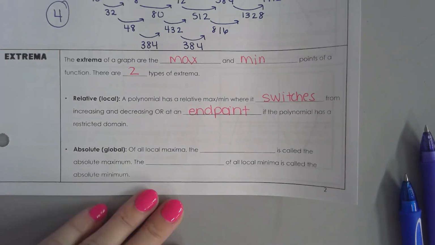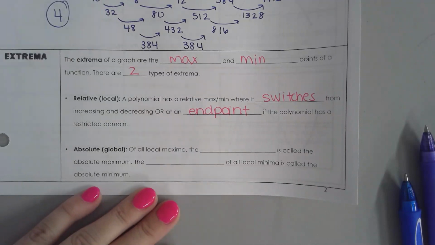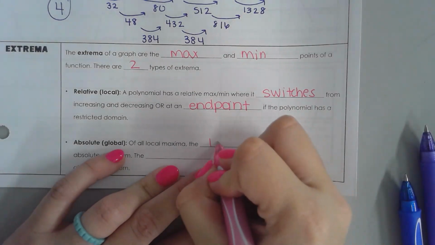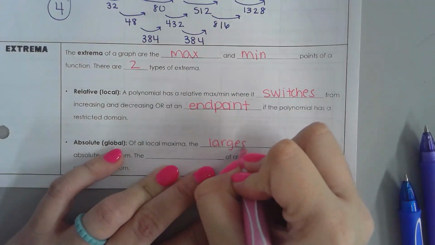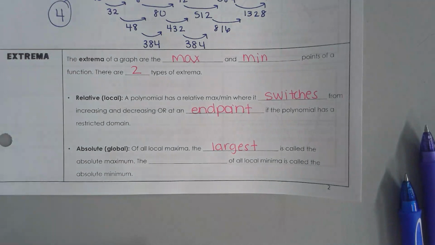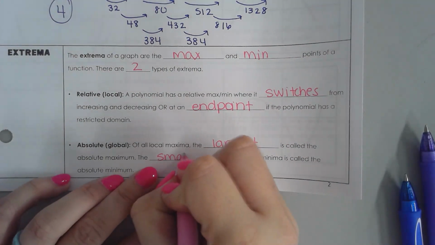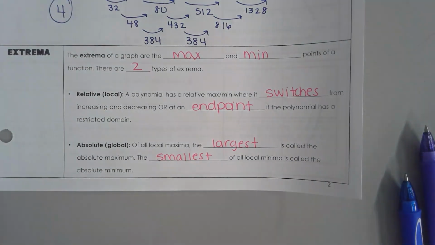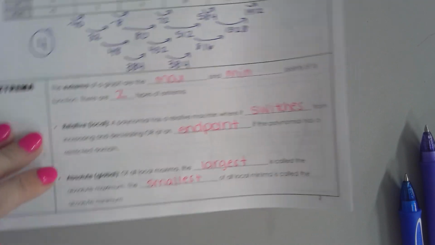So, of all local maxima, or all the local maximums, plural maxima, the largest is called the absolute maximum. And the smallest of all the local minimums or relative minimums is called the absolute minimum. It kind of makes sense. The absolute max is the highest one.